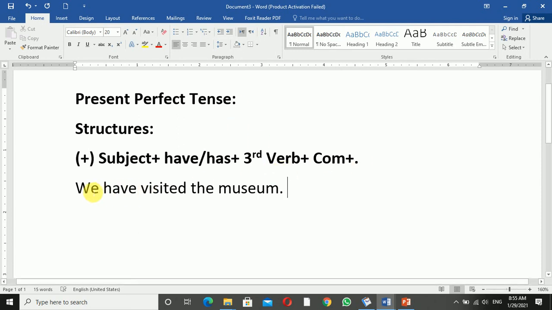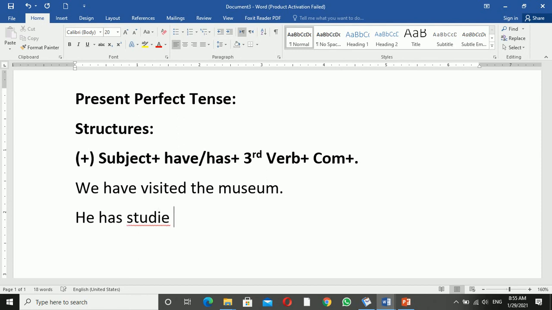You see, we is the subject, and have is a perfective auxiliary. Visit is the first form of the verb, visited is the third form of the verb. The museum is a complement, right? Another example: he has, for singular we use has. He has studied math.